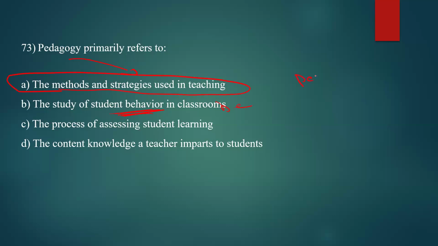Okay, pedagogy. How can we define pedagogy? Pedagogy is the art or science of teaching. So it includes all the things, like the method I want to introduce in the classroom, the strategy, the approach, the different kinds of approach a teacher can implement, how a teacher can carry out a classroom which is completely inclusive.